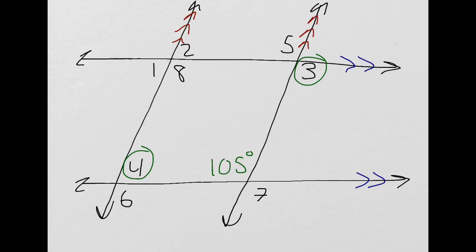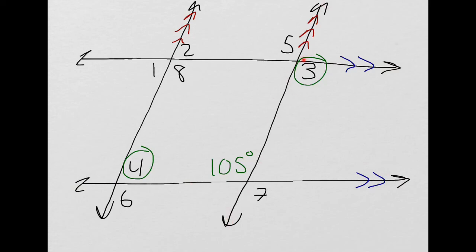Alright, now that you've had a chance to work on that on your own, we'll take a look at it together. So let's take a look at the measure of angle 3 first. Well, I know that this line here is parallel to this line because these arrows here, they both have the same number of arrows, so that tells me that these lines are parallel, and they're cut by this transversal here.